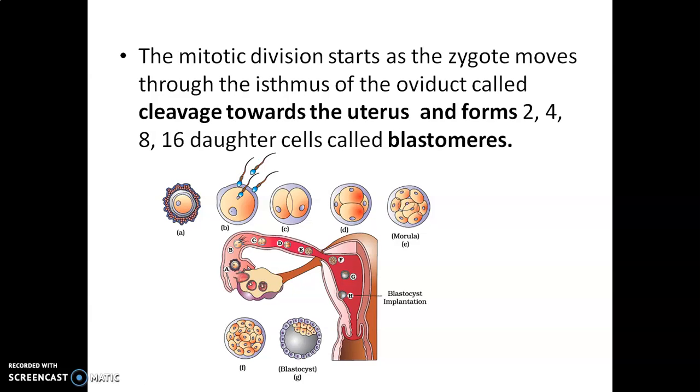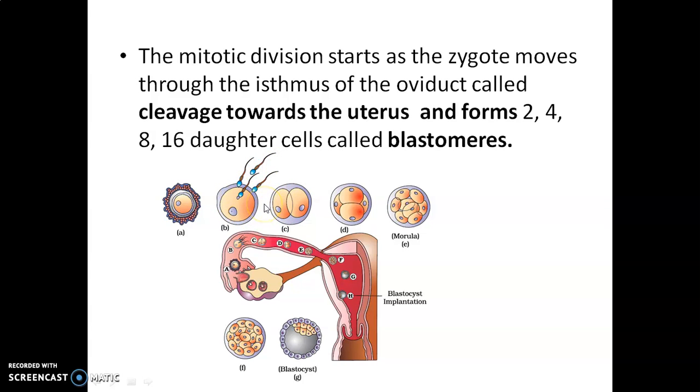The zygote moves through the isthmus of the oviduct towards the uterus and undergoes cleavage, forming 2, 4, 8, 16 daughter cells called blastomeres. Soon after the entry of sperm into the ovum, zygote formation takes place.